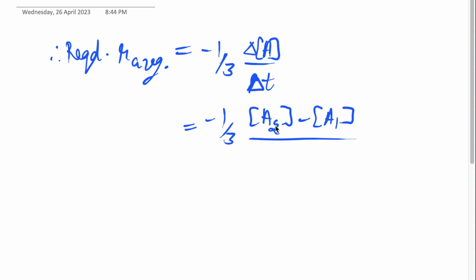A2 is the concentration of reactant A at time t equal to 2 seconds, and A1 is the concentration of A at time t equal to 1 second.